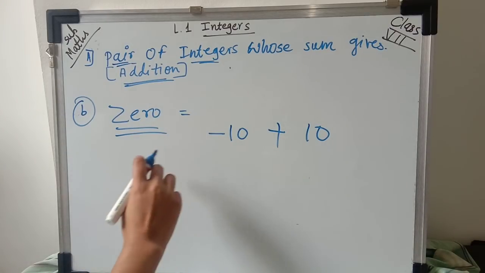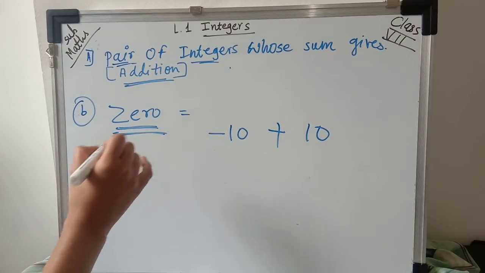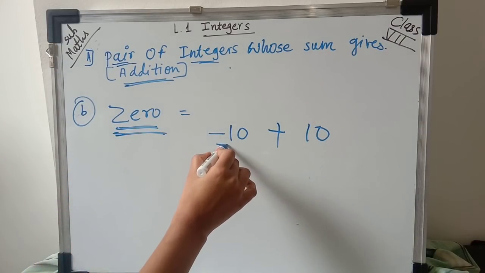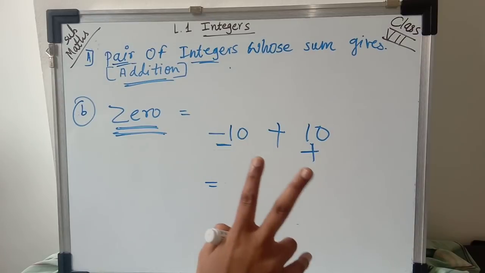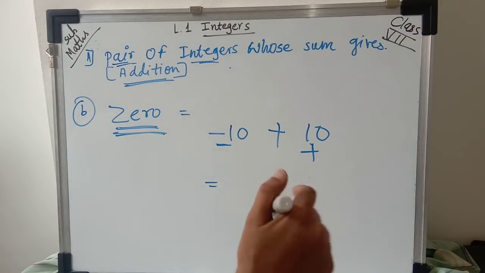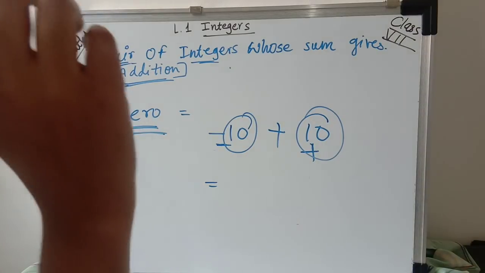So you have to remember you will get the sum of two integers 0 when the negative integer will be there and positive integer will be there. So you have to take two different integers. One is positive, one is negative, but the whole number of both the integers will remain same.